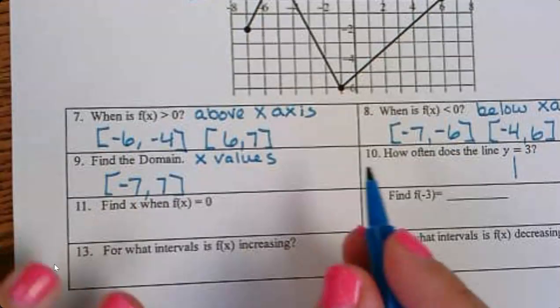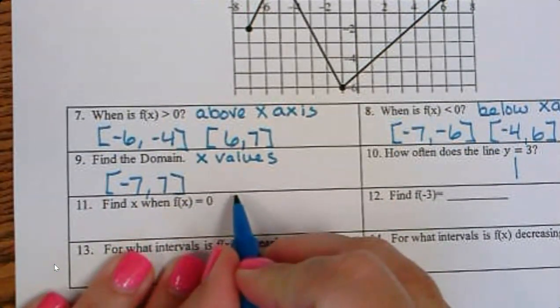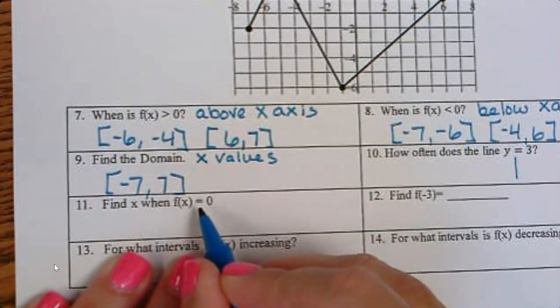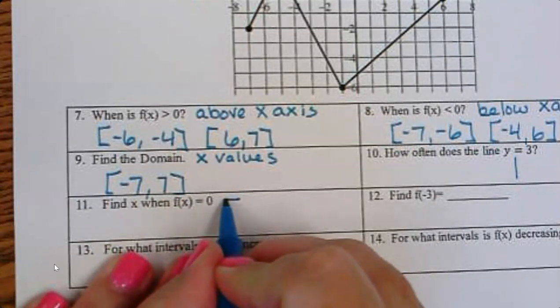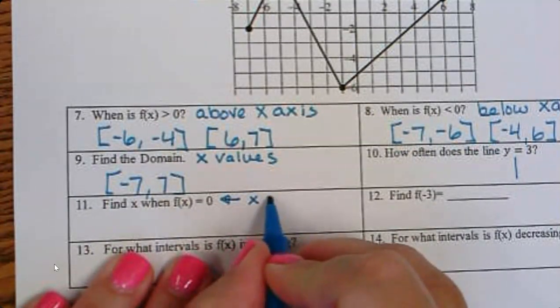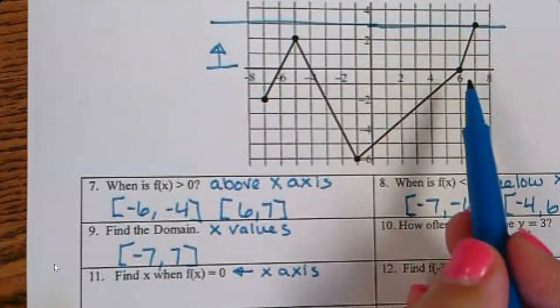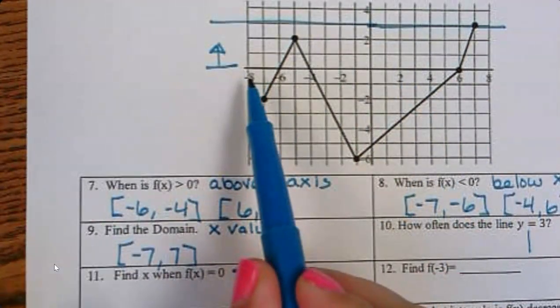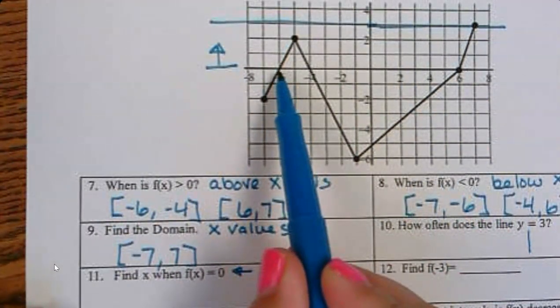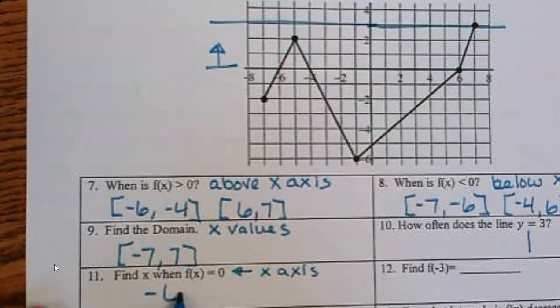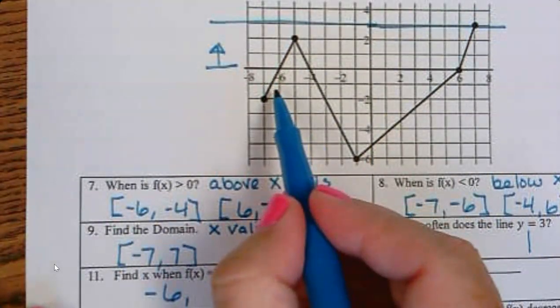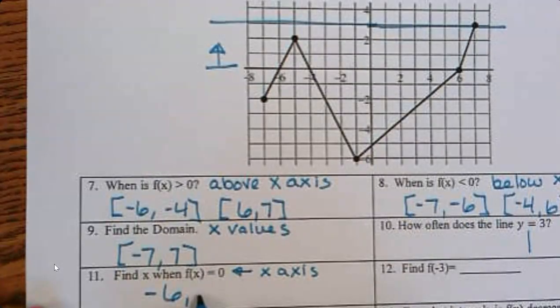Find x when f of x equals 0. We're looking for when we touch the x-axis. This is where we want to be careful. Take a quick look. So start over here at the left. First place we touch the x-axis is here at -6. The next one is going to be here at -4.